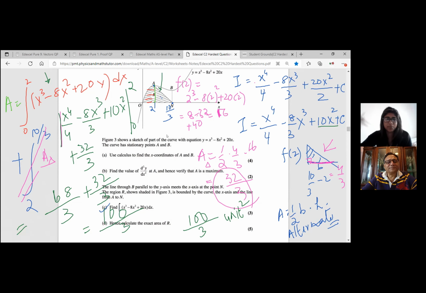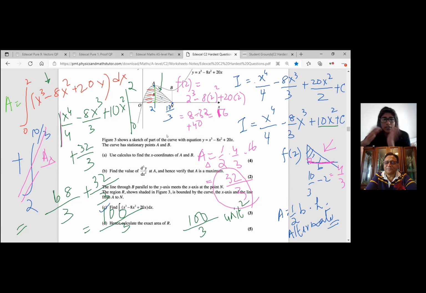So part A, using calculus to find the x coordinates, we simply did the first derivative because we can see from the graph that points A and B are the turning points, the local maximum and minimum. The gradient at those points is 0, so we just need to make f dash x equal 0. Once calculating that, you get your x values.